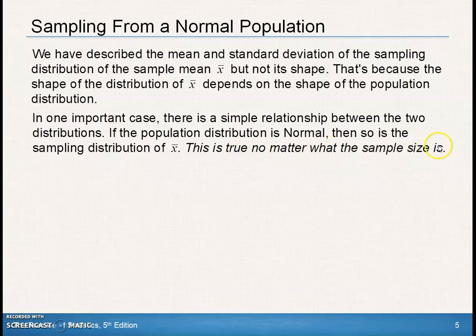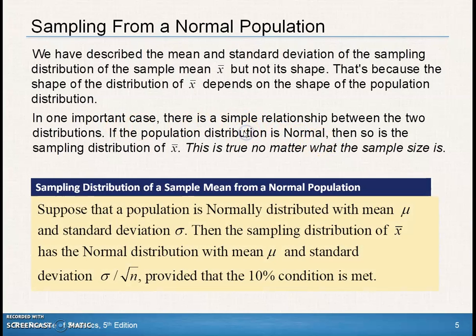This is true no matter what the sample size is. If you start with normal, it will stay normal. So suppose the population is normally distributed with mean mu and standard deviation sigma. The sampling distribution of X bar has the normal distribution with mean mu and standard deviation sigma divided by the square root of n, provided the 10% condition is met.